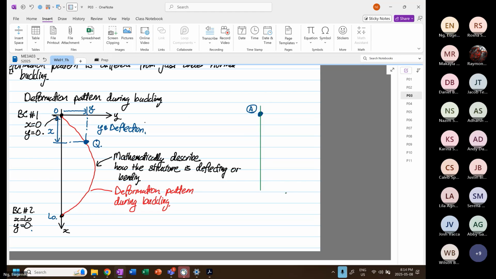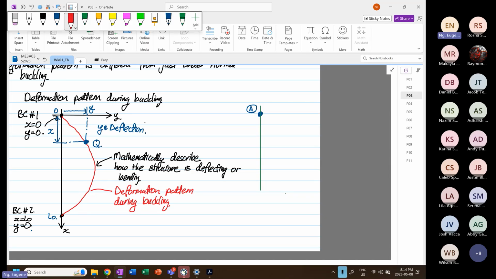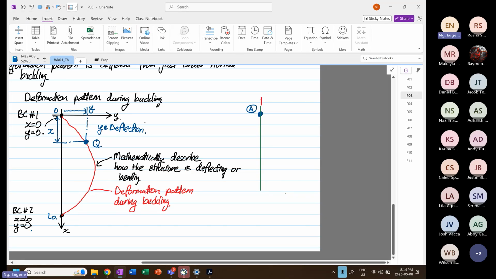It can move in the x direction. So originally, we know that over here, we have a P. And then because of buckling, we are having a deformation.